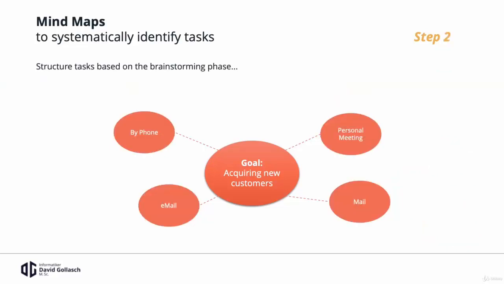What we're going to do in a second step is create major subtasks or categories in this mind map to make up a certain kind of structure. For example, in the case of our goal to acquire new customers, we might consider the different media that we use when acquiring new customers as the categories that make up our structure.